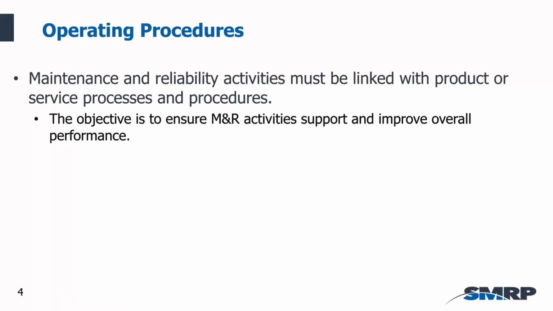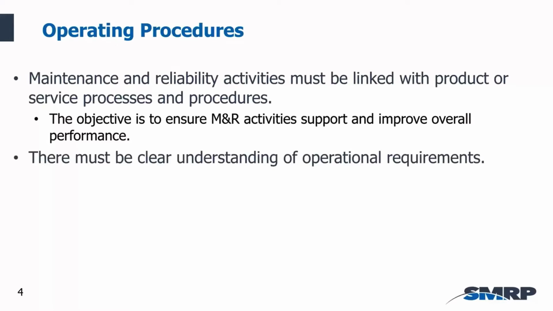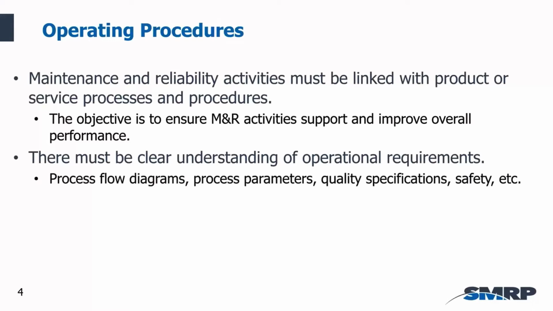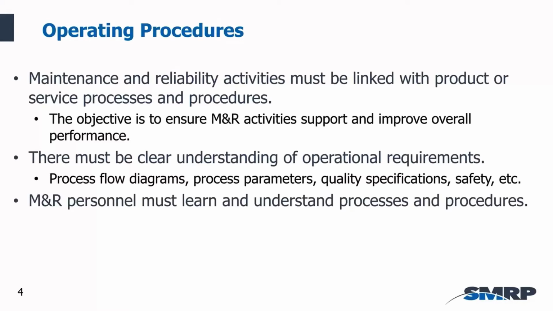The objective is to ensure that maintenance and reliability activities support and improve overall performance. There must be clear understanding of operational requirements, so we use things like process flow diagrams, process parameters, quality specifications, and safety so that we understand those operating requirements.